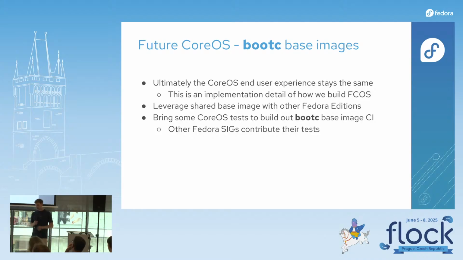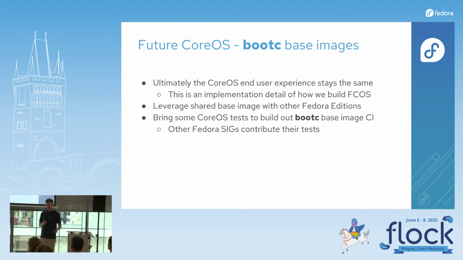Okay, so on from the tech and on to the base images. Ultimately, CoreOS doesn't have to move to bootc base images, right? As far as the users are concerned, the end user experience should stay the same, whether we continue to build our base images like we do today or whether we inherit from bootc base images. It's an implementation detail.